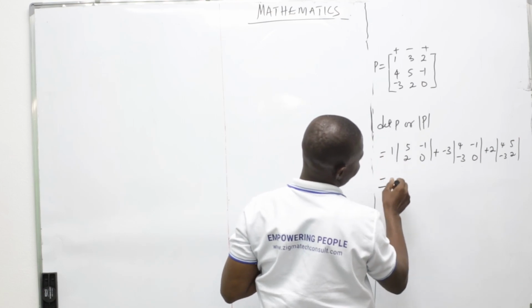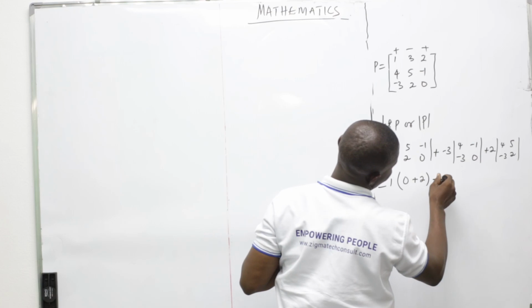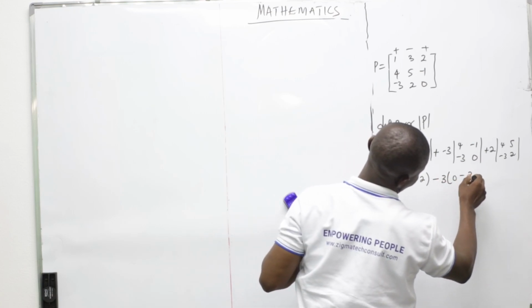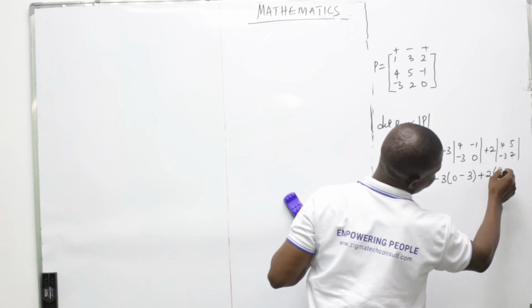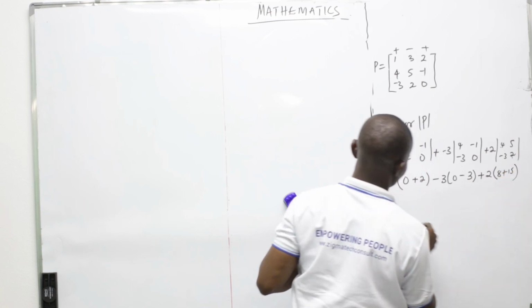This will give us 1 into 0 plus 2, minus 3 into 0 minus 3, plus 2 into this, and this is 8 minus this, which is plus 15.